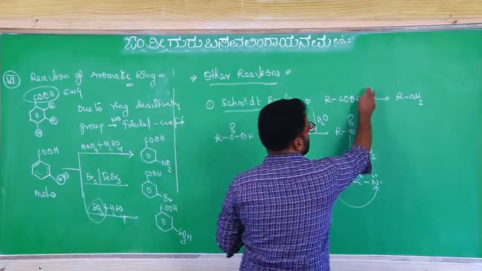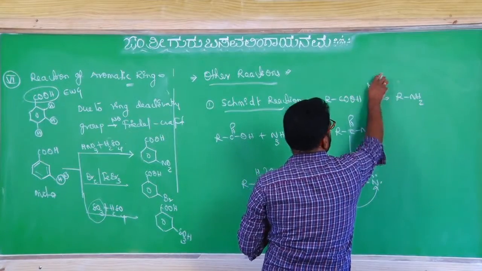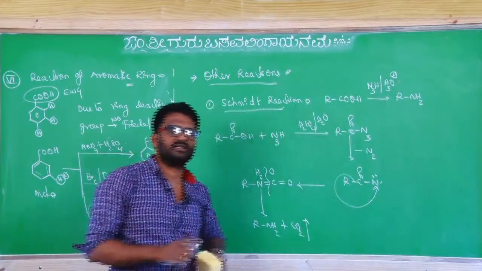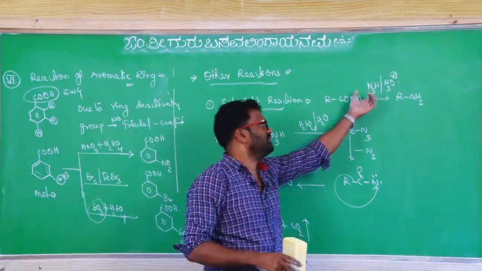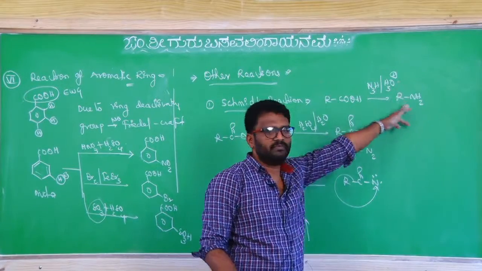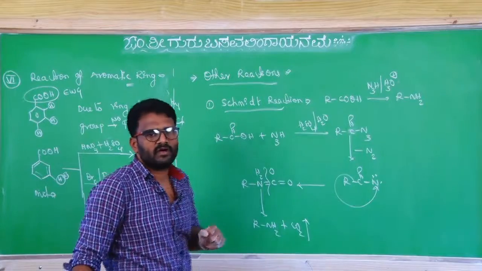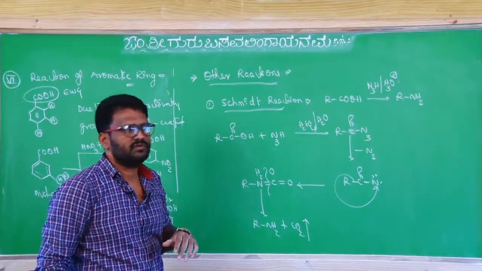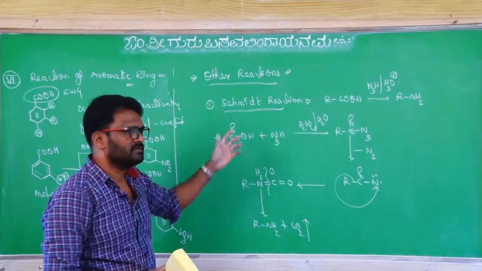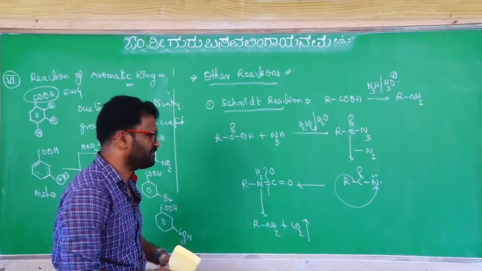The reagent is a strong acid and acidic hydrolysis. Whenever you have this condition, you can directly convert carboxylic acid into RNH2. This is one extra reaction.